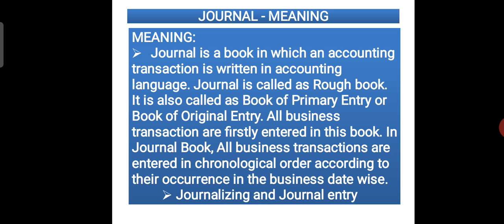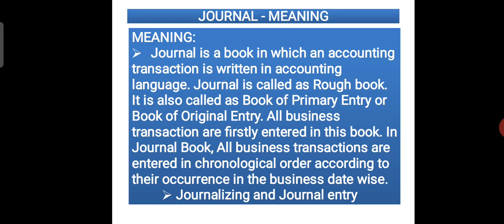or it is also called book of original entry. Students, in a business organization, we have to maintain a number of books, say journal, ledger, cash book, and subsidiary books, and so many other books.